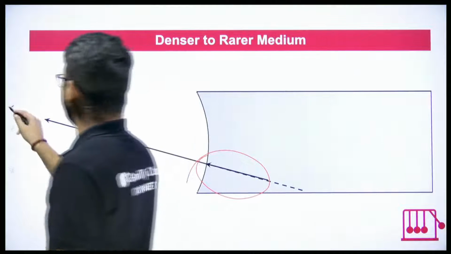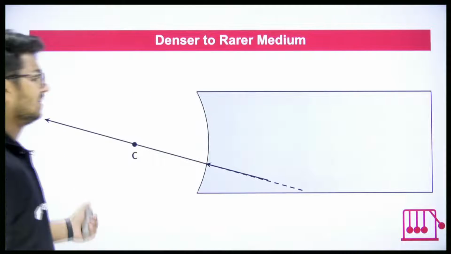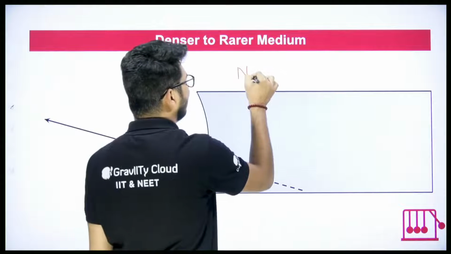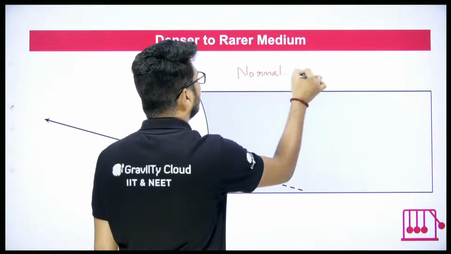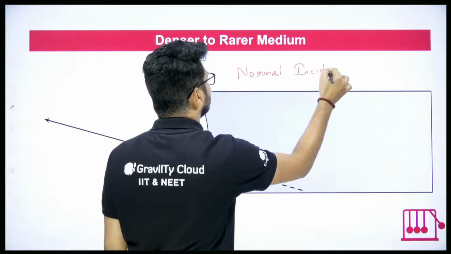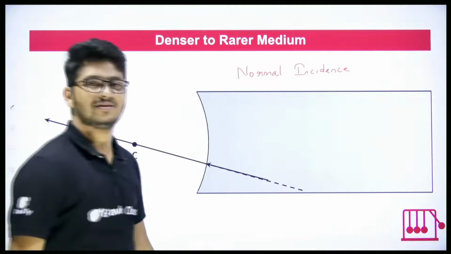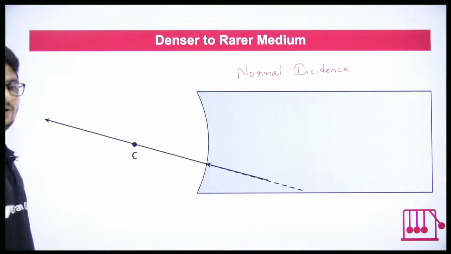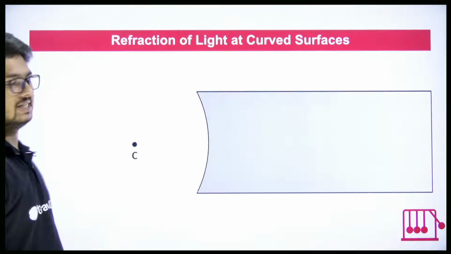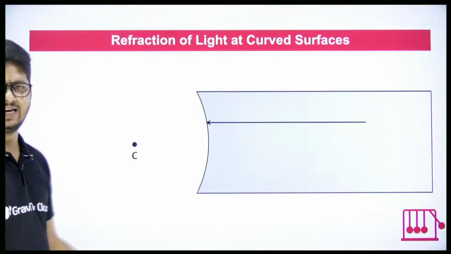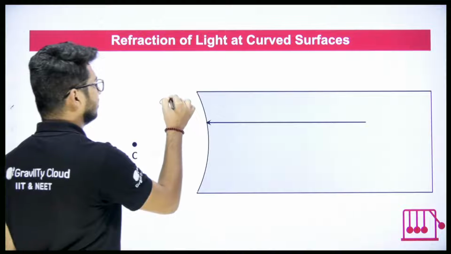So you have the incident ray, you have the refracted ray. That's it. You need not care about anything else. It is the case of normal incidence. Got it? Okay, good.